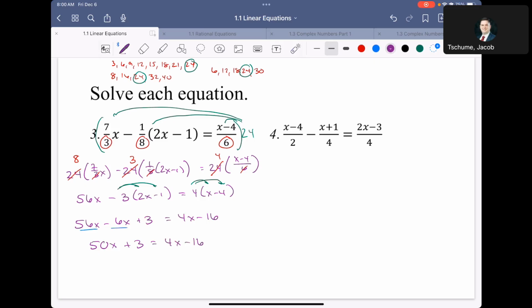And now we've got to move the x's to one side and the numbers to the other. So once again, I will move the x's to the left by subtracting 4x from both sides. That'll give me 46x. And then I am going to subtract 3 from both sides, which will end up giving me -16 minus 3, which is -19.